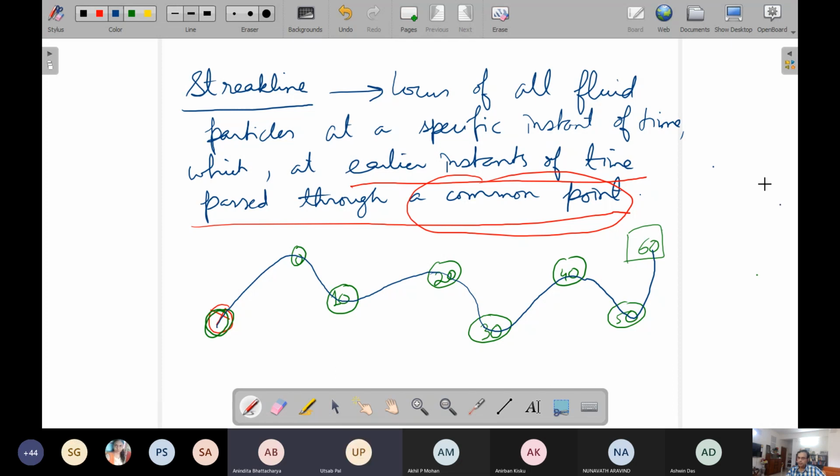At an instant of time, right? So that is the similarity that we are talking about, a specific instant of time. At that specific instant of time, we are defining both the streamline and the streak line. I will try to get into more commonalities.